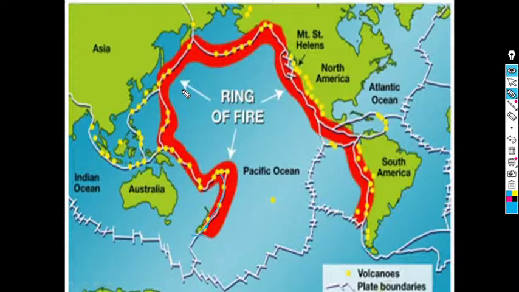So we can say here the Pacific ring of fire: these are the areas where active volcanoes are there, and these are the areas where plate boundaries also are there.